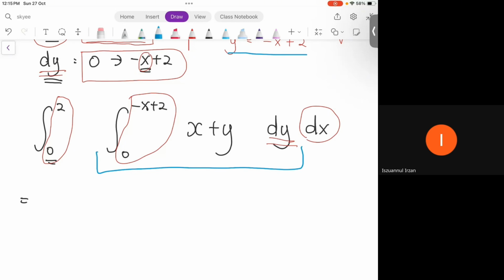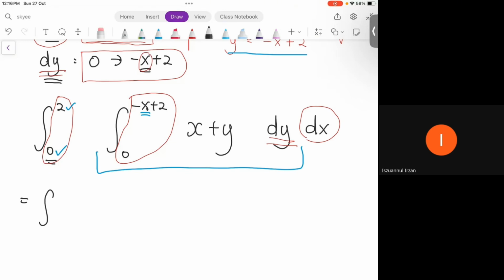Why cannot you use calculator? Because here you have a variable. You can only use it when your limit or your interval is a value. For example, if this one is a value, then you can use calculator, but this one cannot. So you have to do it manually.